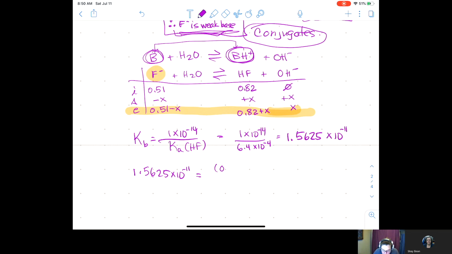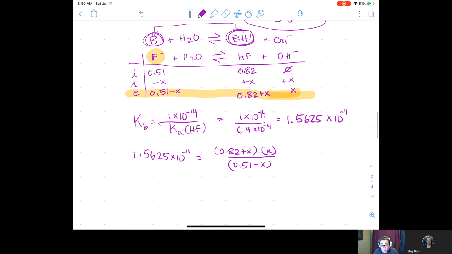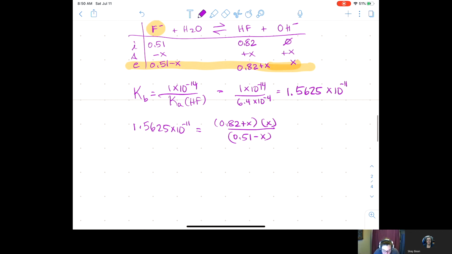And so it will be 0.82 plus x times x divided by 0.51 minus x. We'll use that approximation. The plus x and minus x can be assumed to be very small compared to those original concentrations. And so we have 1.5625 times 10 to the minus 11 equals 0.82x divided by 0.51.